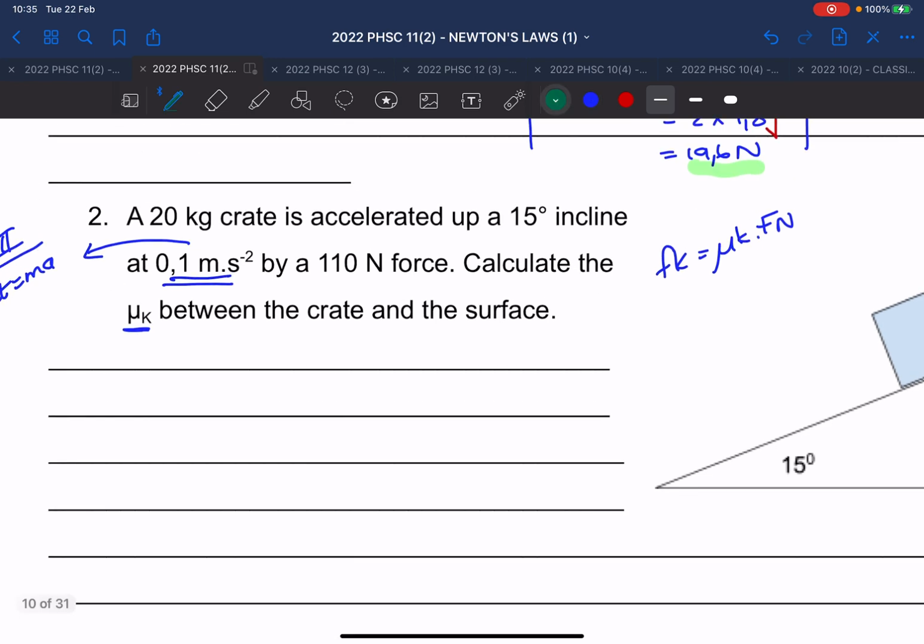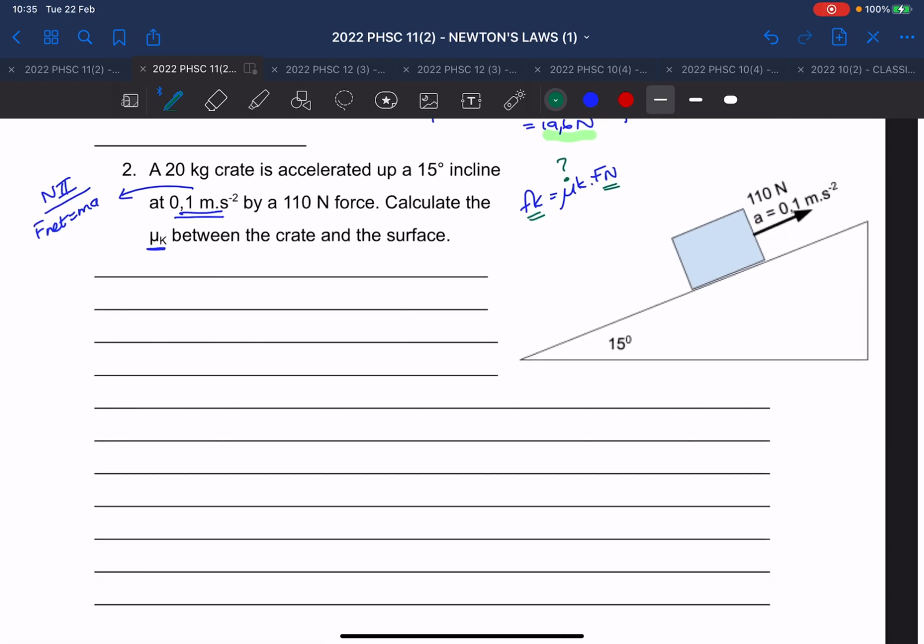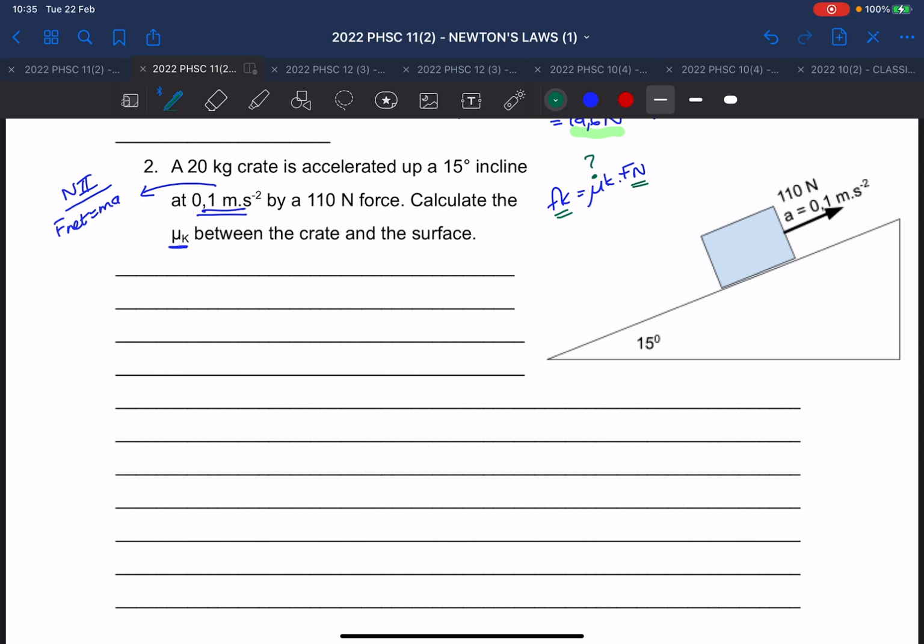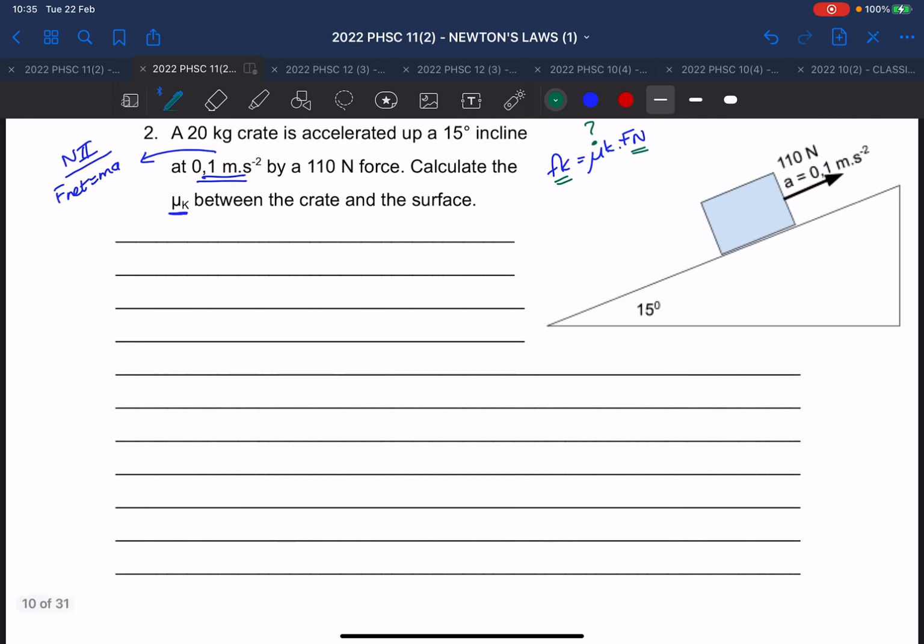So if I must calculate the coefficient of friction, I must find Fk and I must find Fn. Can you see my planning? Alright, I'm not done with my planning. What else must I do to help me plan? Draw a free body diagram. Okay, you're going to write very small.